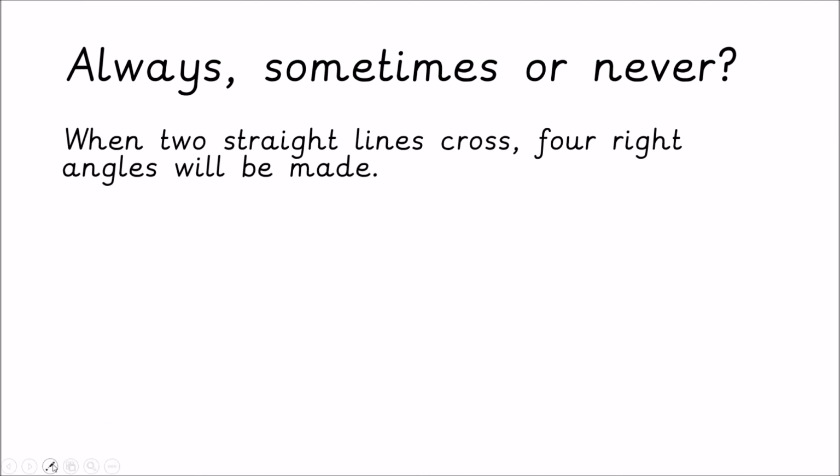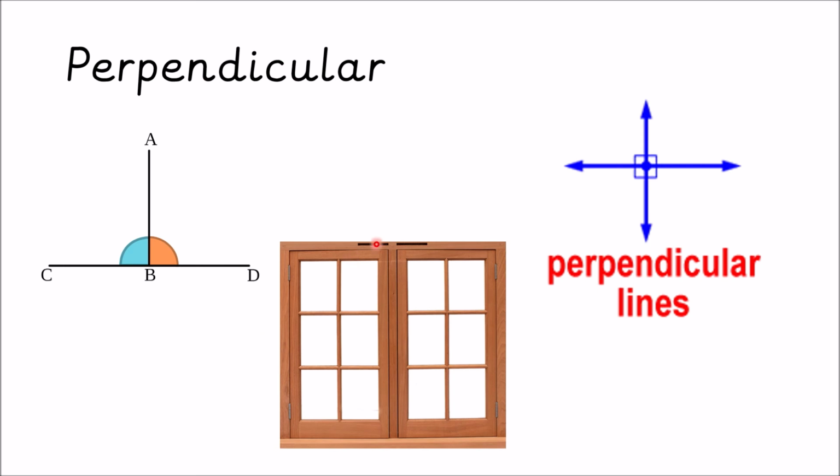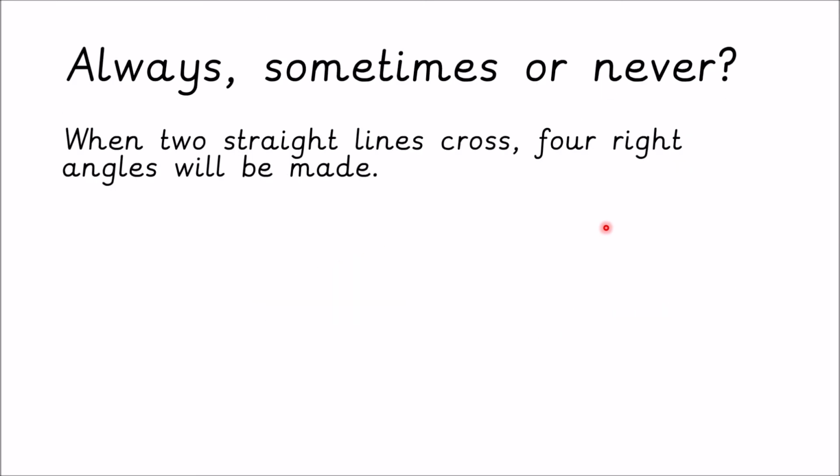Welcome back. So two straight lines, they can make 4 right angles. If we look at these lines, if the lines cross like this, they will always make 4 right angles. However, the question doesn't tell you exactly how they are crossing. So it could be crossing like that.